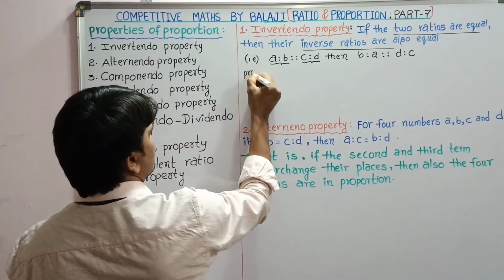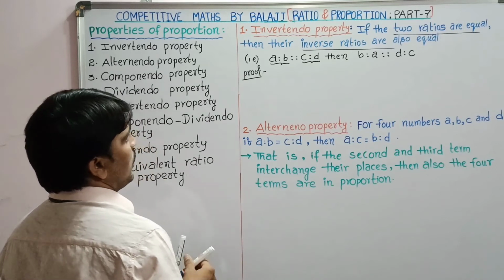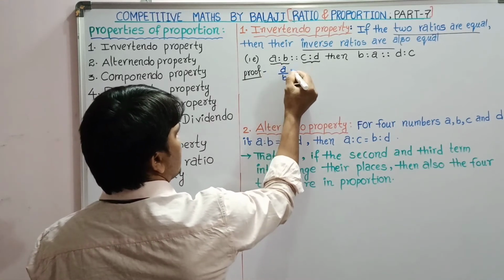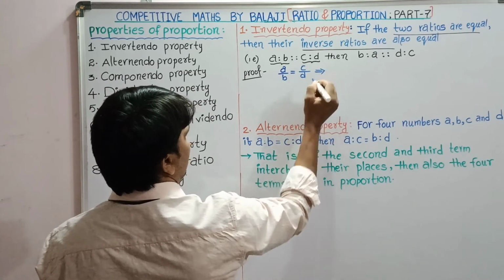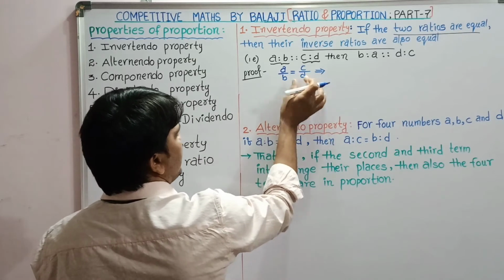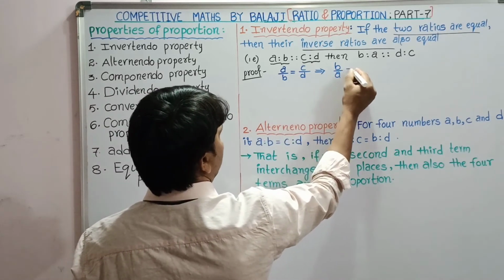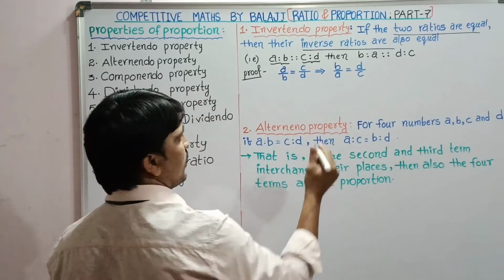Proof. Given A is to B can be written as A by B, as both our ratios are equal. If A by B equals C by D, then the reciprocal of A by B, that is B by A, is equal to the reciprocal of C by D. Both are also equal.